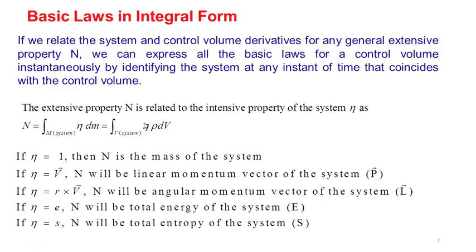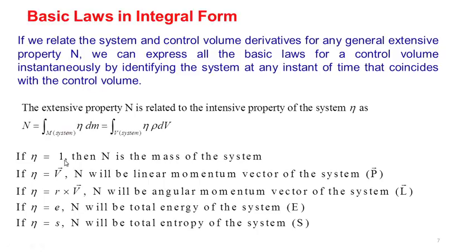So if you put eta equal to 1, it is integral rho dV. You know rho is the density in kg per meter cube and dV is meter cube, and the product of them will give you mass. So that N is actually mass, and that will give you the mass equation in integral form.